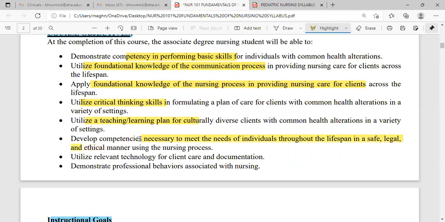Develop the competency necessary to meet the needs of individuals throughout the lifespan, utilize technology for the client, and also demonstrate professional behavior associated with nursing.